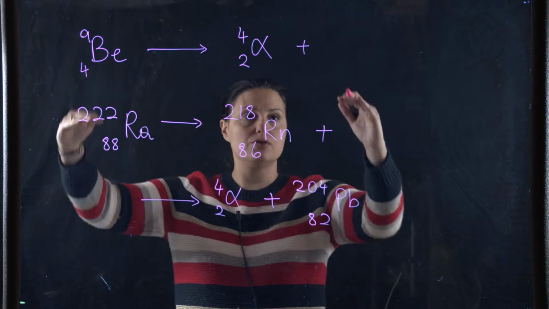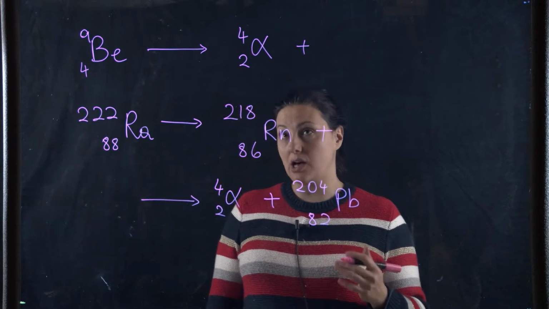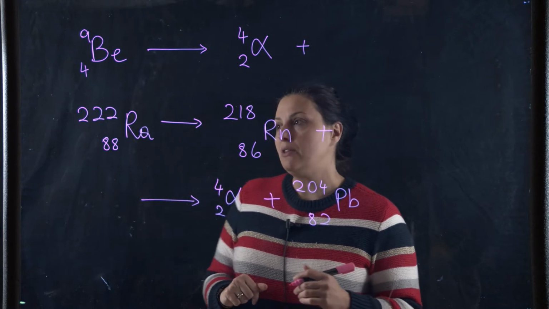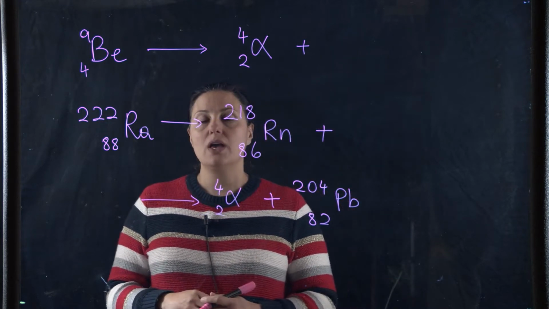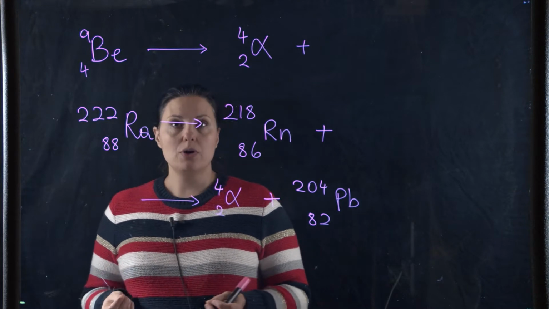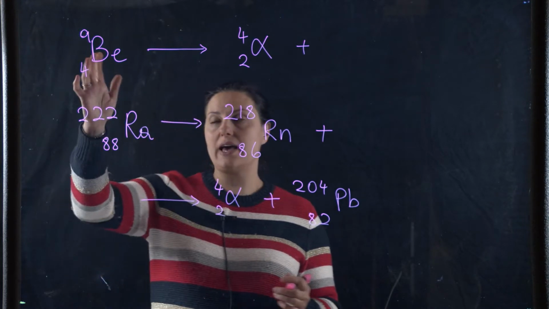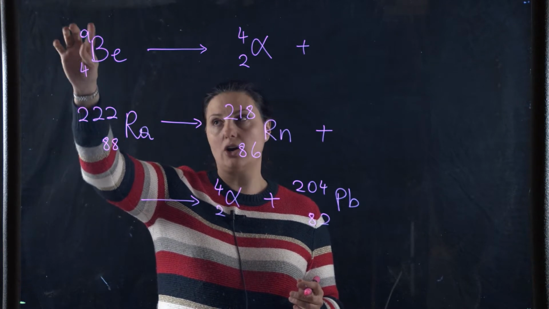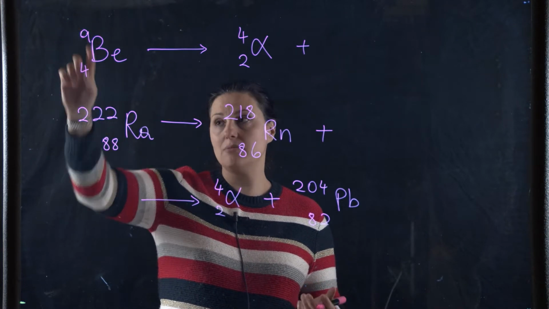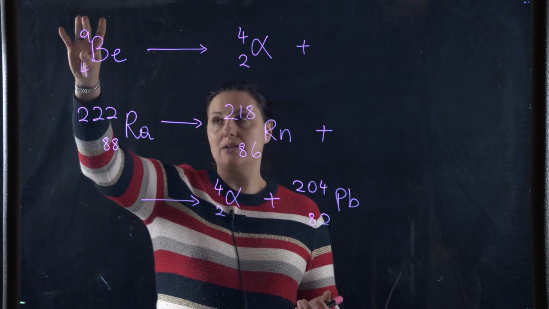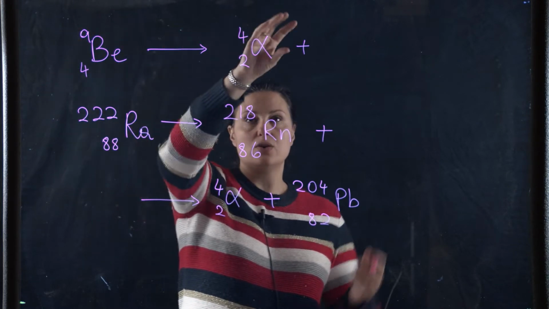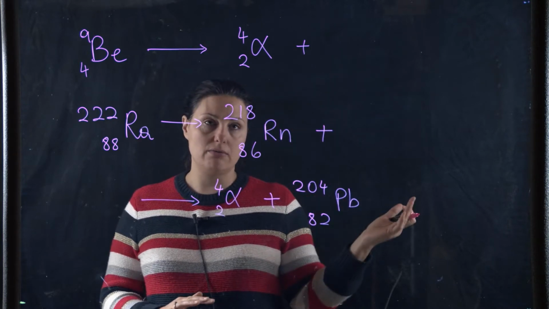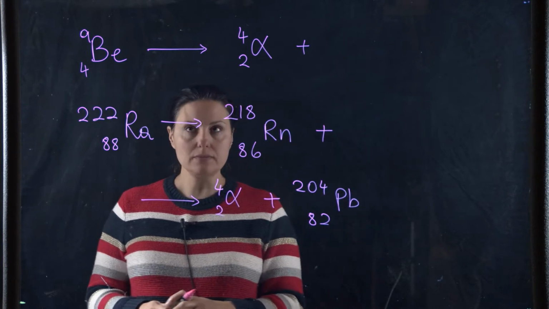The bottom numbers, treat them as the Z numbers, the atomic numbers, including the radioactive particles. The important thing to remember about nuclear reactions is that the sum of the left-hand side, whether it's the mass number or the atomic number, has to equal the sum of the same numbers on the right-hand side.